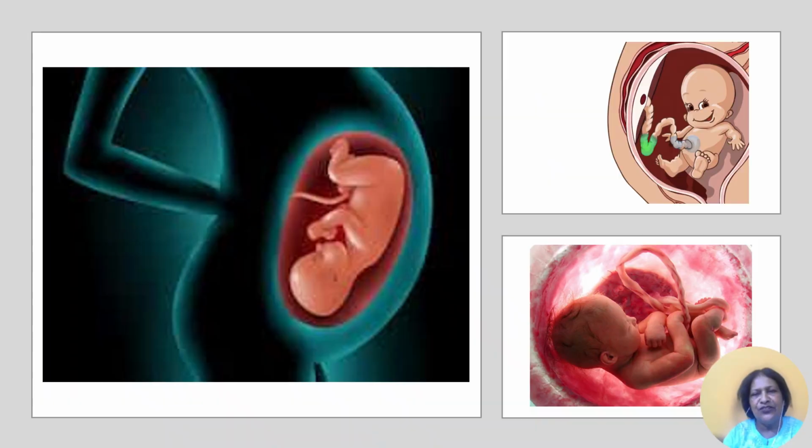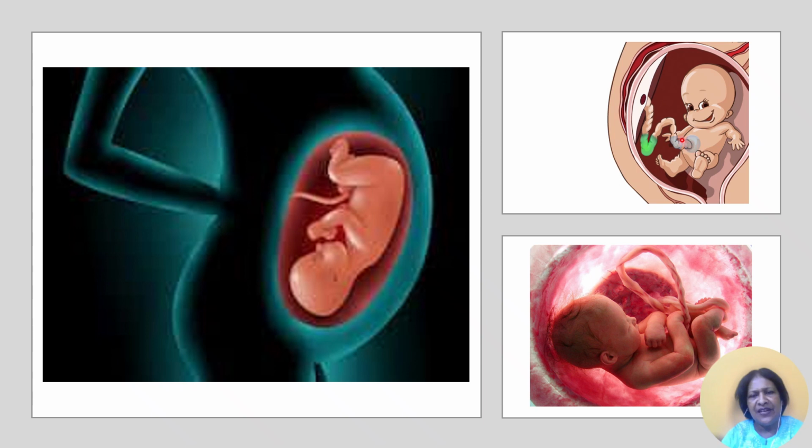These are three images of the developing fetus. The fetus is shown inside a sac-like structure, the placenta. The placenta has three layers: a chorion, amnion, and allantois. And the fluid that fills the surrounding of the baby is the amniotic fluid.